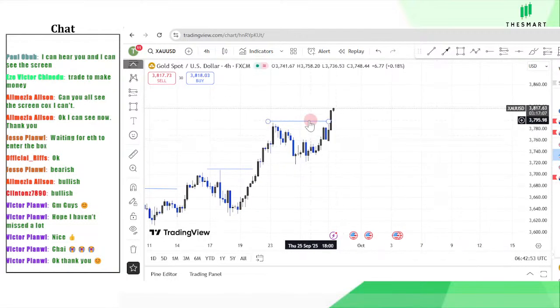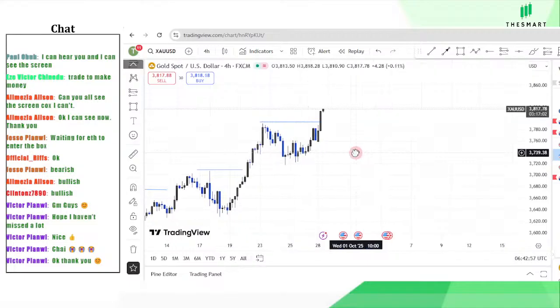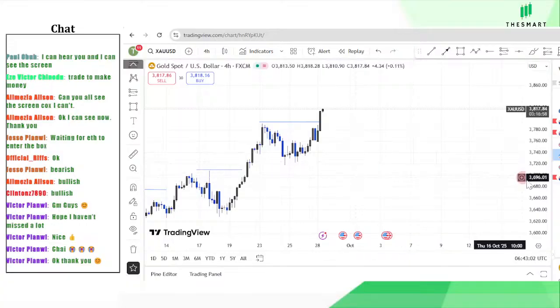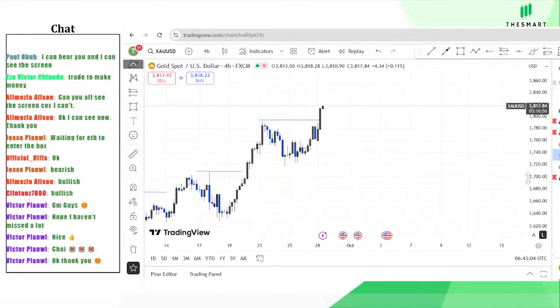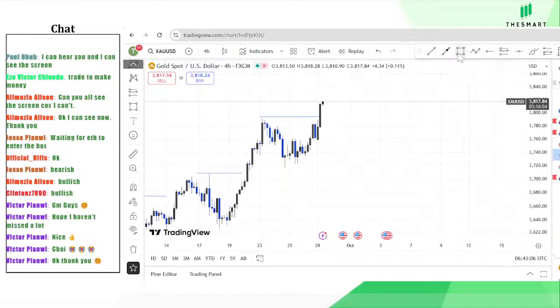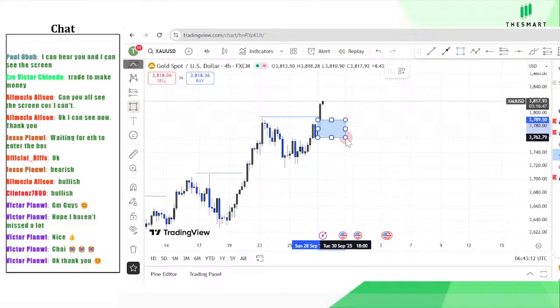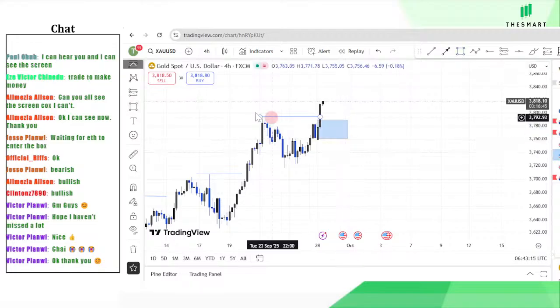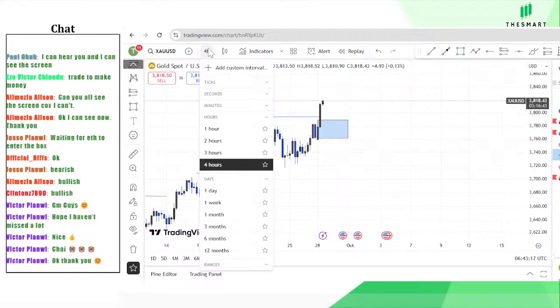So on the 4 hours, the market is still bullish on the 4 hours time frame. So what are we expecting? We want to actually see price come back to this order block on the 4 hours. But let's step down to the 1 hour to actually get a clear picture.